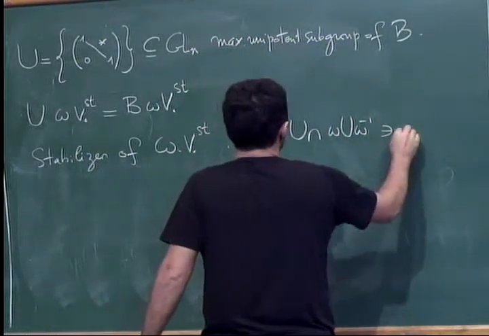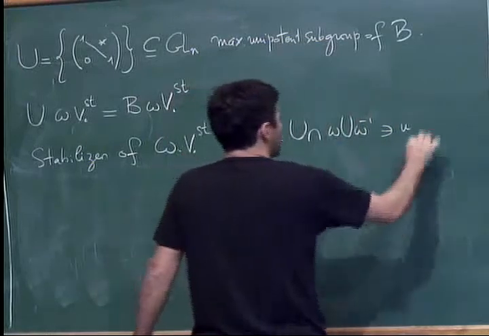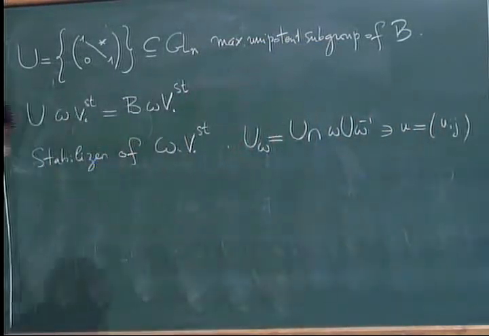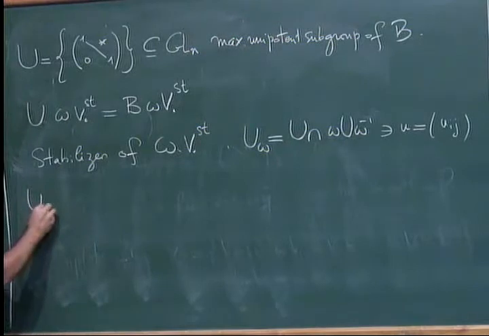Pick an element in it. So this is a matrix with coordinates u_ij.